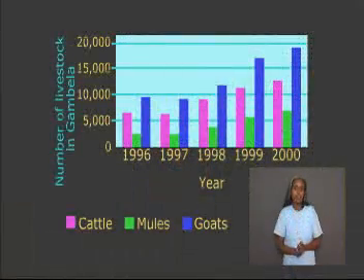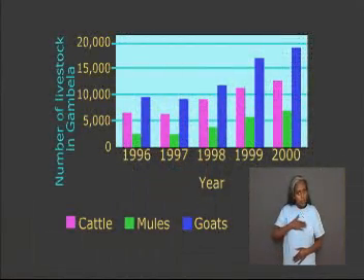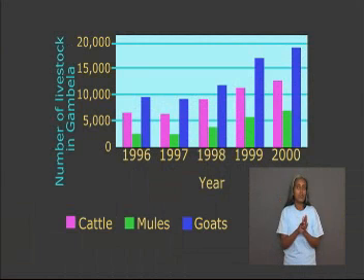A bar chart is similar to a histogram, but it is capable of communicating more information. Students, please look at this example of a bar graph. It gives a great deal of information.